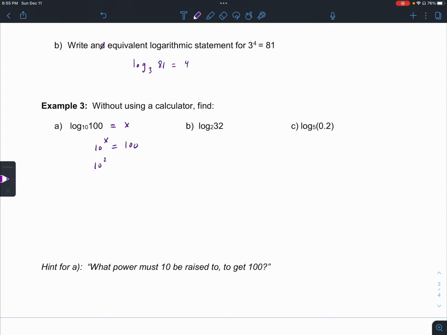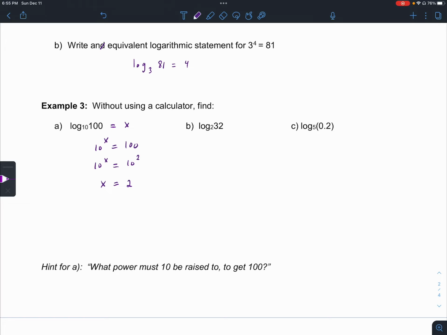We can get a common base. So 10 to the exponent of x is equal to 10 squared. Right, 100 is 10 squared. We can drop the bases, and we get x is equal to 2. Okay, so 10 to the exponent of 2 gives us 100.